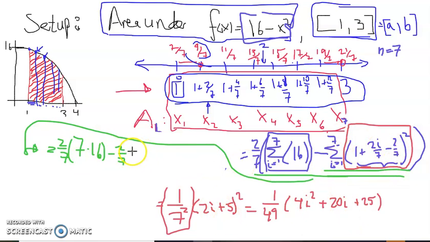And this part, remember, is the sum from i equals 1 to 7 of, I am going to keep that just 1 over 7 squared, 1 over 7 squared, 4i squared plus 20i plus 25.